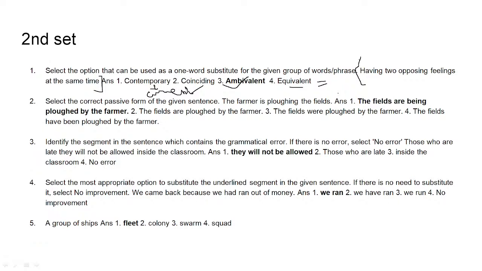Number two is an active passive sentence. Okay, active passive voice. As I have repeatedly said, voice, narration, and subject verb agreement, these three are the most important and vital questions for your SSC exams. Okay, you can't afford to skip all these portions.